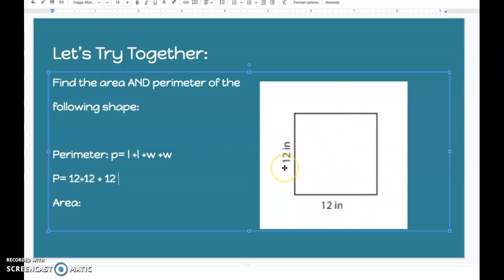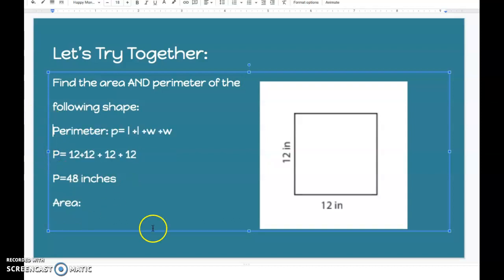My width is also 12 plus 12. And when I put that all together, I get 48. Remember your labels. So my perimeter is 48 inches. That's the amount of space around this square.